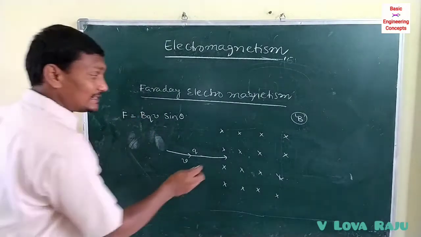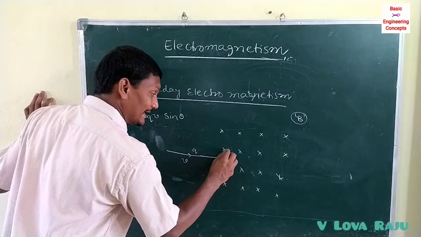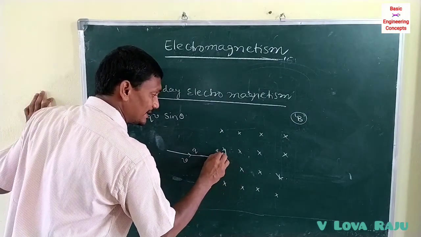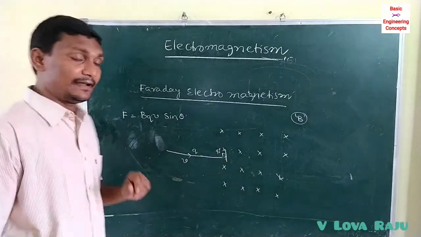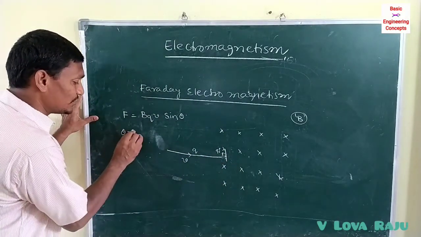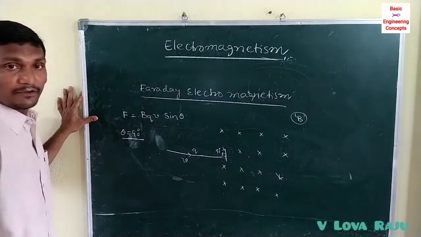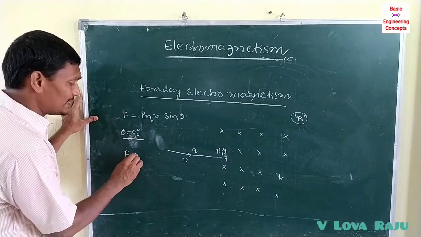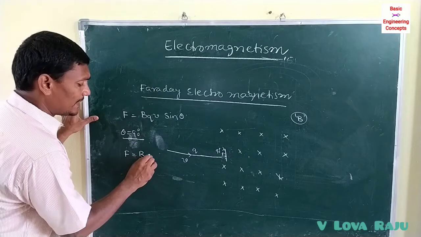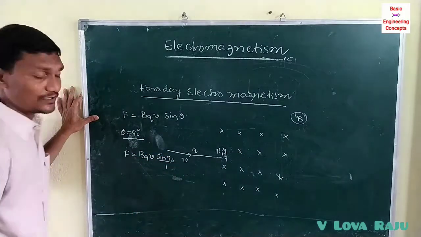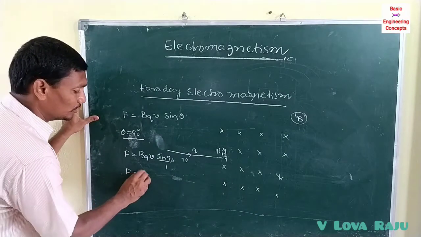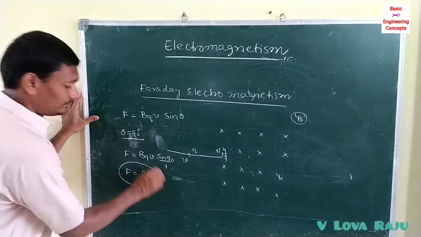When the charge enters the uniform magnetic field at right angles, that is 90 degrees, perpendicular to the field, the force experienced is BQV sin 90. Here sin 90 is 1. Therefore, F is equal to BQV.